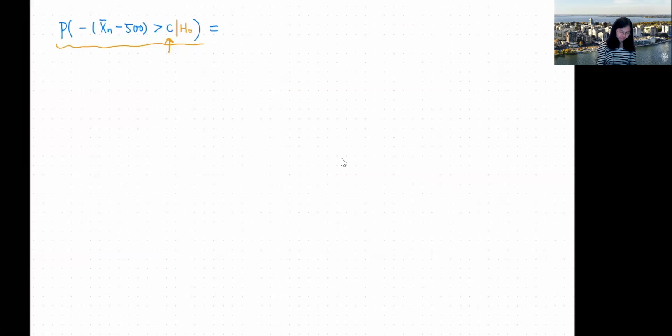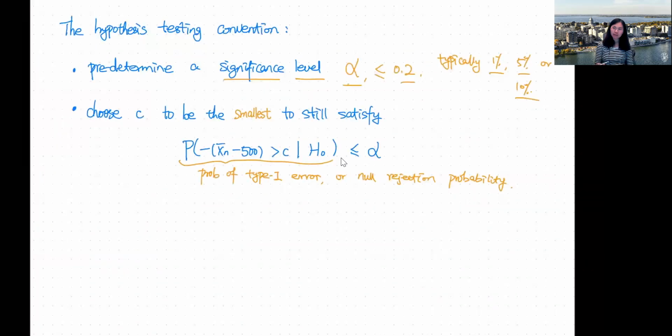And I want to also mention that we won't actually be able to make sure, 100% accurately, that this inequality holds. The reason that we cannot do that is we typically do not know the distribution of this, even if we assume mu equals 500. That's because we typically do not assume a distribution for our random sample.